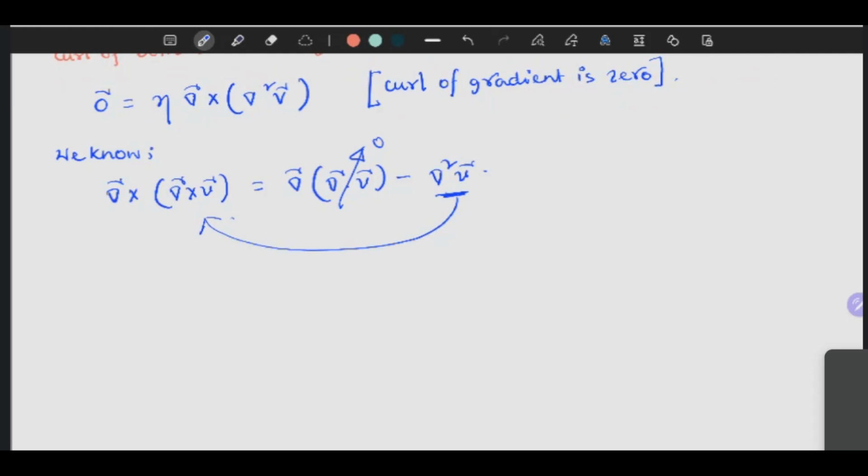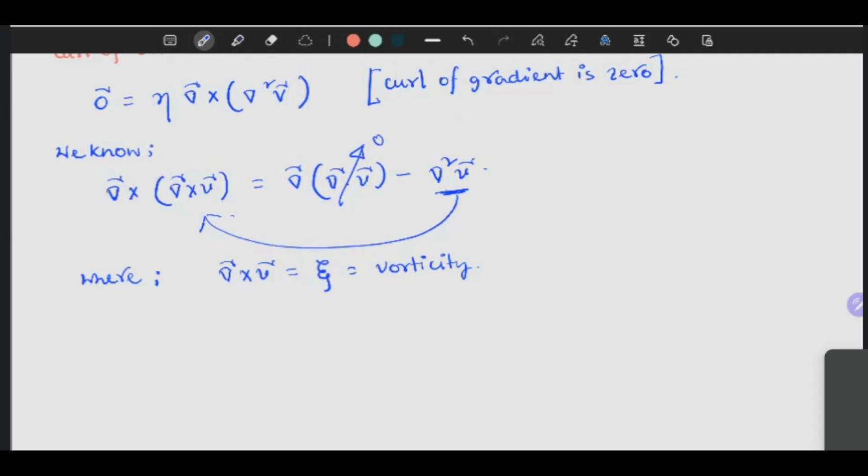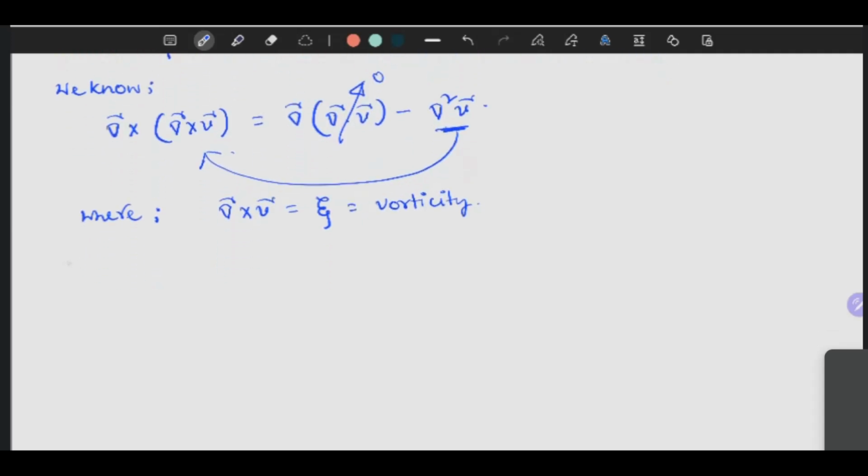Here curl of V is called vorticity. Then we can write that this is 0. Why?